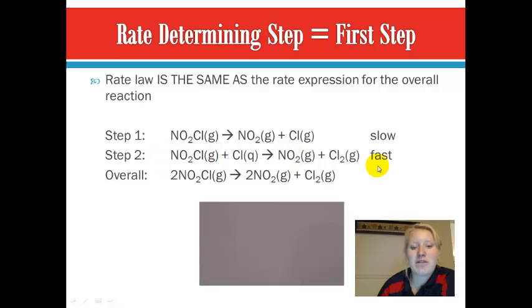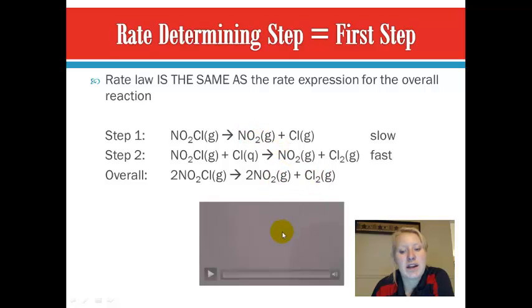This step is very fast, and you can see here that chlorine is our intermediate because it's made here, but it's used up in the second step. So it cancels out. So overall, the reaction is two molecules of NO2Cl goes to 2 NO2, because we can add these two together, and chlorine gas.